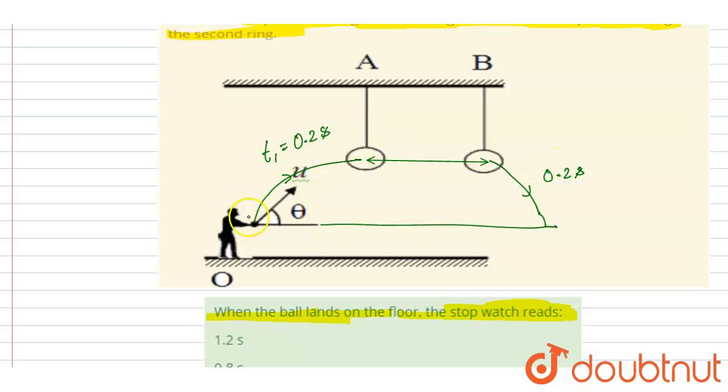It is also given that the time to travel from this point to point B is 0.6 seconds. So you got the time of flight. It is the time to reach from the point of projection to this point, and then again to the same horizontal level as the point of projection, and it is 0.8 seconds.